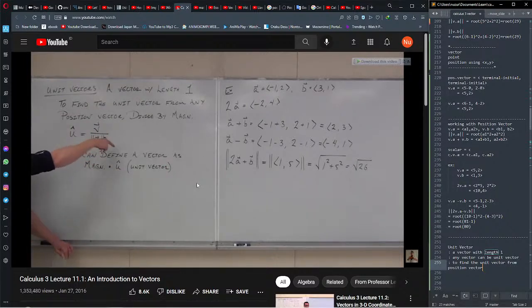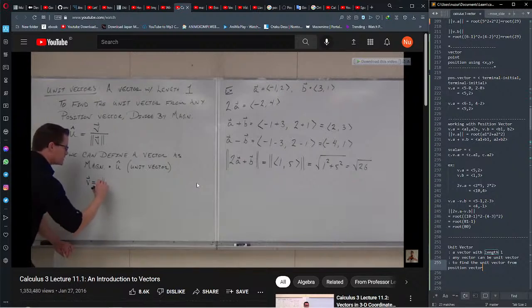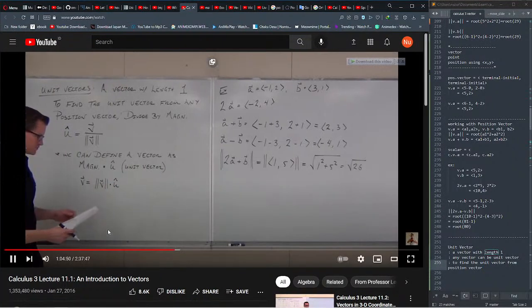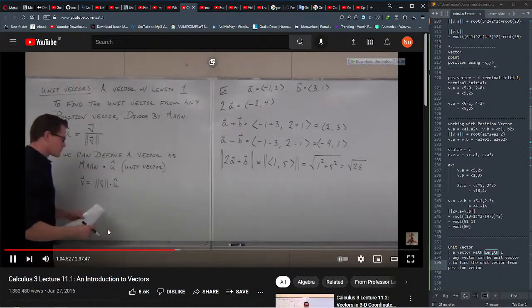So when we do it, we say, let's just multiply. So we got vector v equals magnitude times direction.